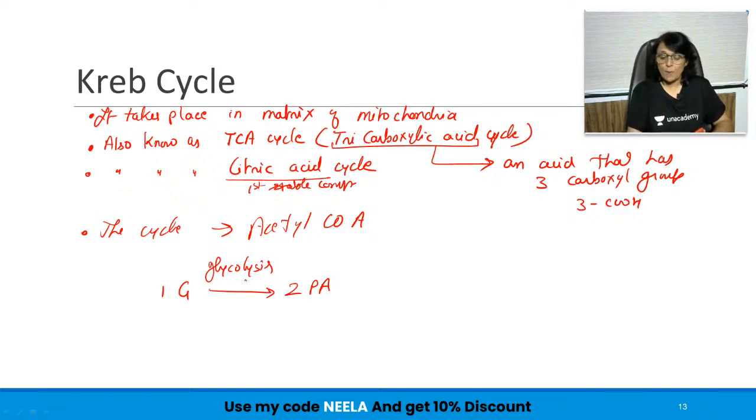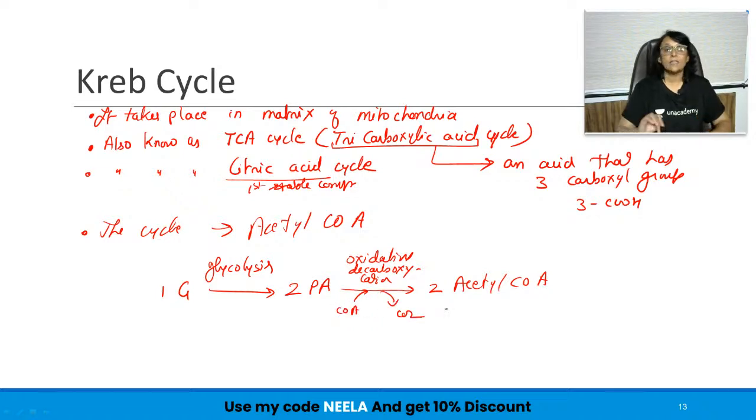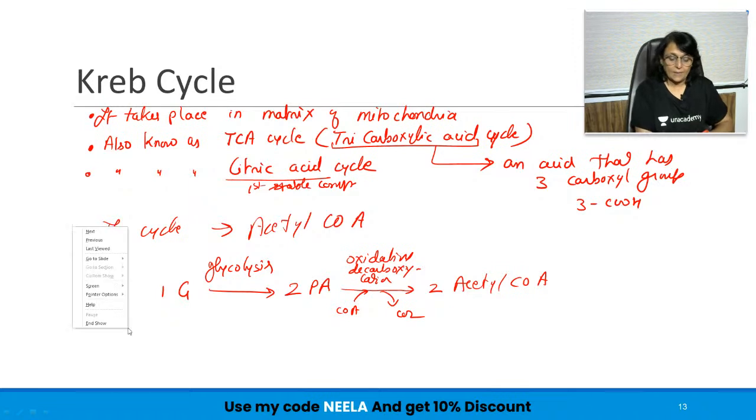Now these 2 pyruvic acids, through link reaction or oxidative decarboxylation, are converted into 2 acetyl coenzyme A, because coenzyme A is added here, carbon dioxide is given here.